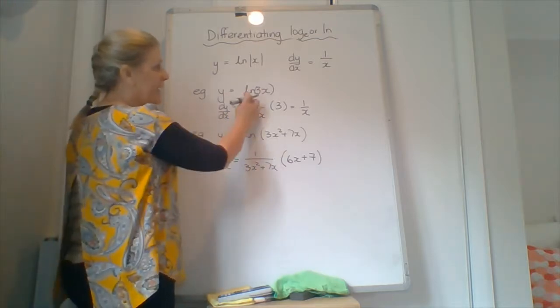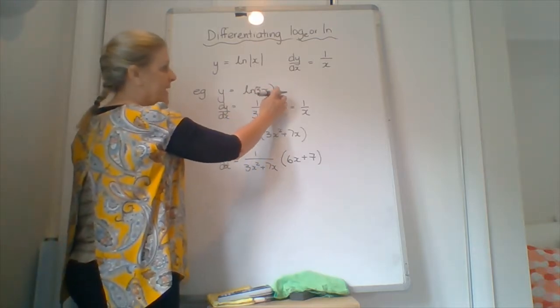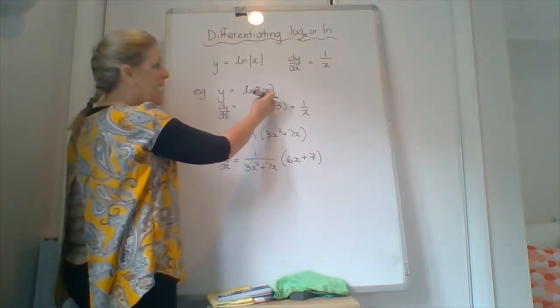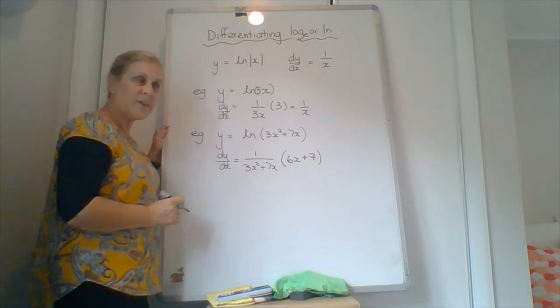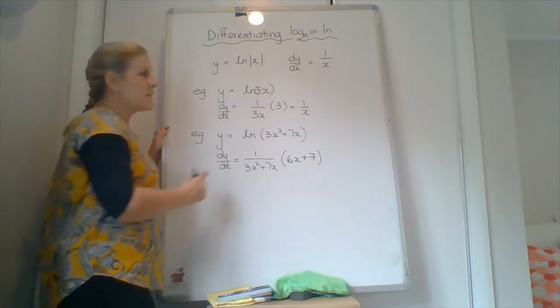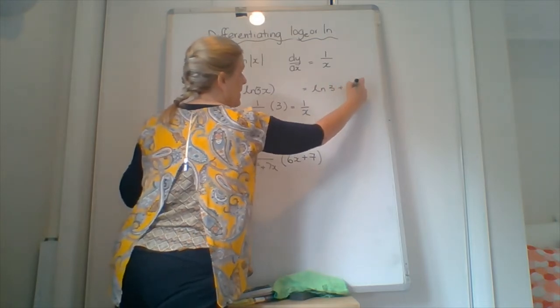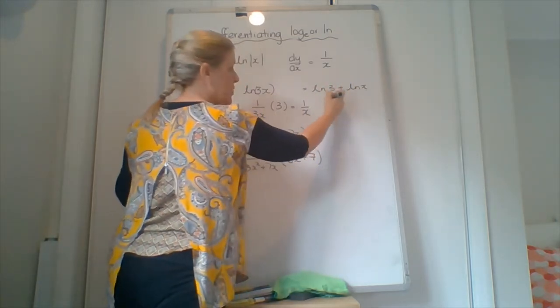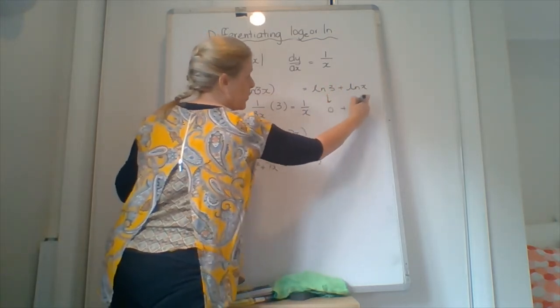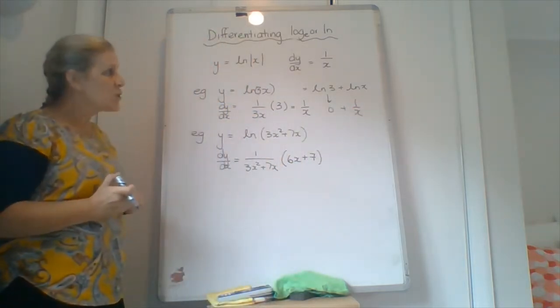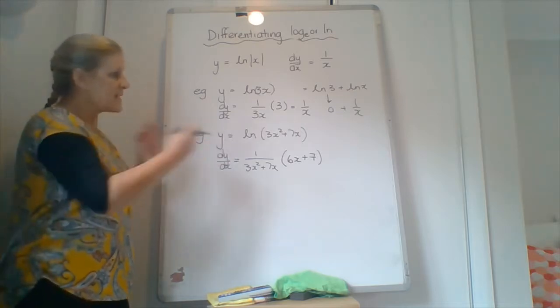Ln of 3x could be ln of 3 plus ln of x, and ln of 3 is a number, which is why it disappears, and ln of x differentiates to 1 over x. So when we differentiate, we get 0 plus 1 over x. Same thing. Sometimes it's useful to use your log rules to split things up.